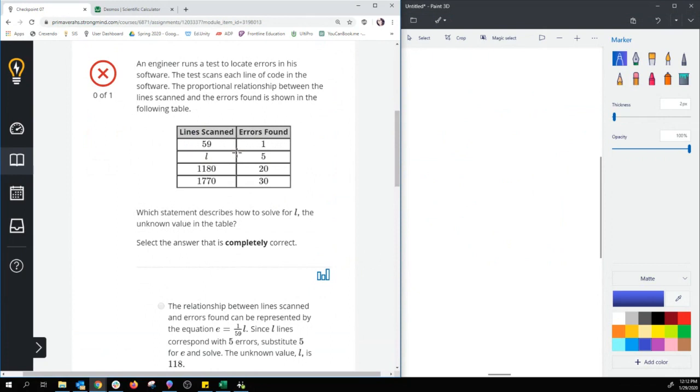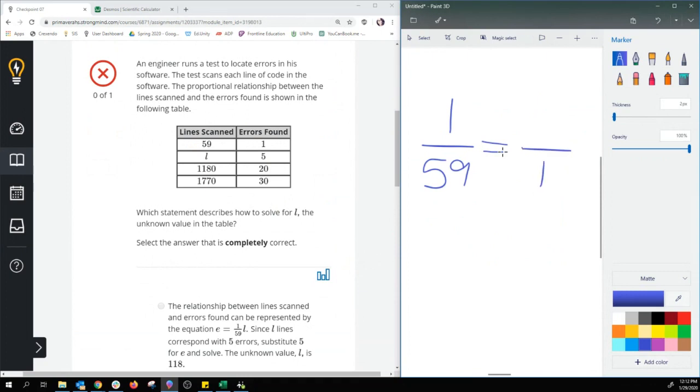So I'm going to have 1 over 59, because remember, it's x and y. So I'm going to write y over x, and this is going to be equal to some number over 1. Let's divide top and bottom by 59.